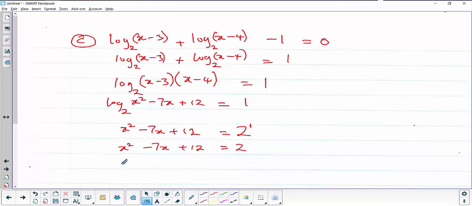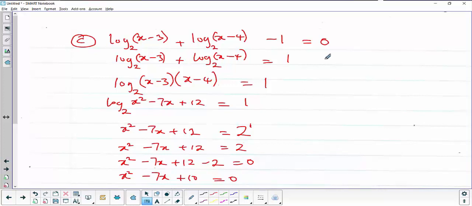So now we are having x squared minus 7x plus 12 minus 2 equal to 0. So x squared minus 7x plus 10 equal to 0. This is the standard quadratic equation.